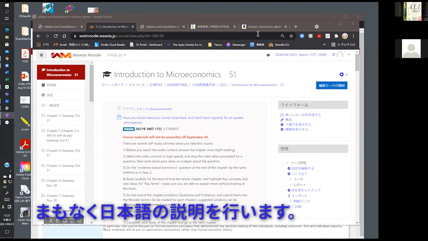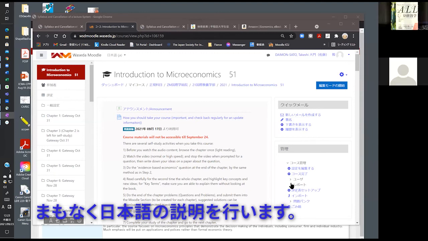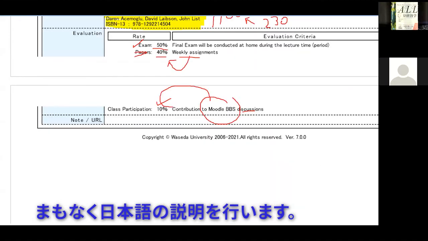Let me do the same thing in Japanese, but I don't know.